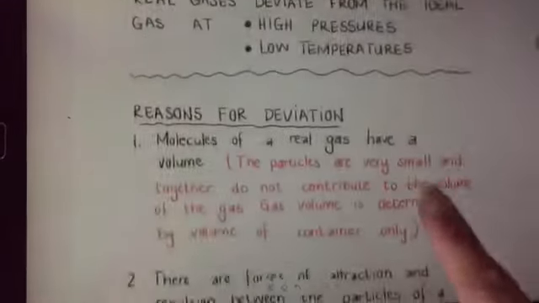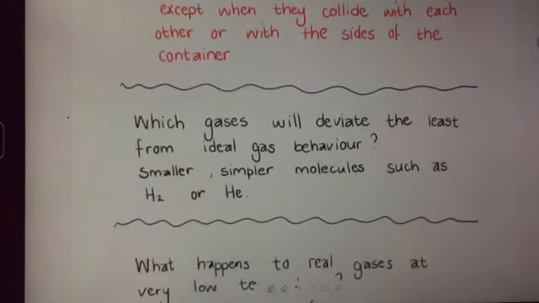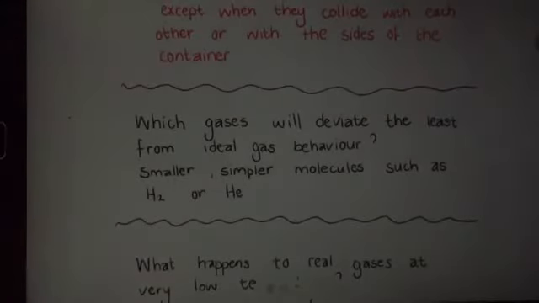Okay, that brings us to another question. Which gases will deviate the least from ideal gas behavior? And the answer there is the gases that consist of the smallest molecules, the smallest particles. They will get the closest to ideal gas behavior, because we said that the particles of the ideal gas don't occupy volume.